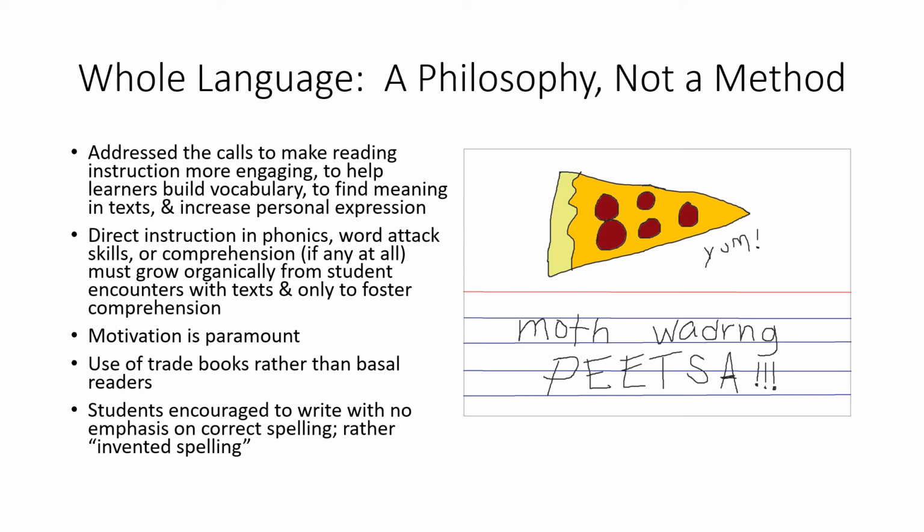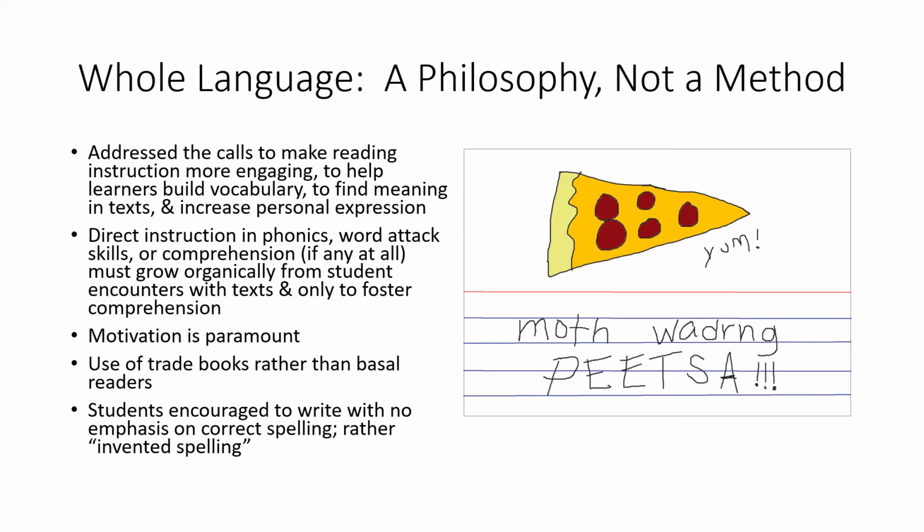Direct instruction in phonics, word attack skills, or comprehension, if any direct instruction was provided at all, was required to grow organically from the student's encounter with texts and to be directed only at fostering comprehension. For proponents of whole language, motivation is paramount.